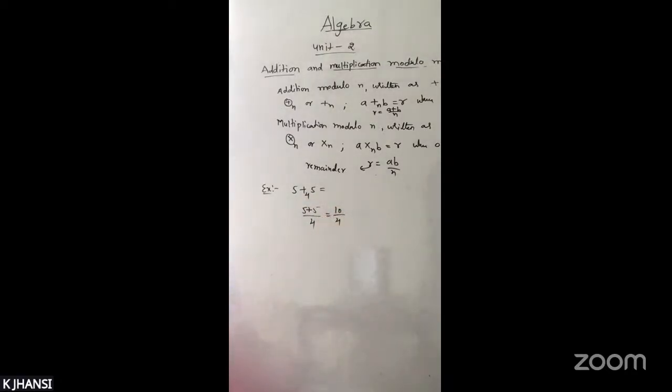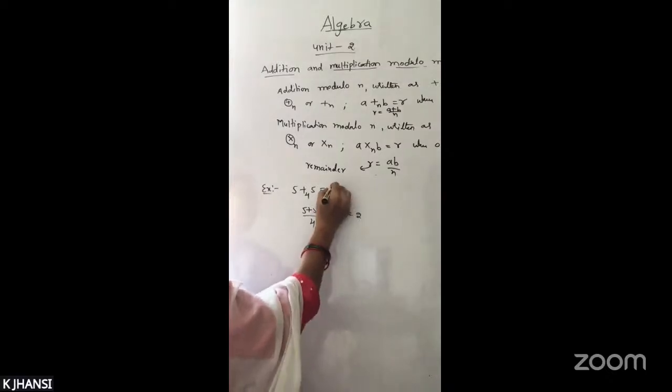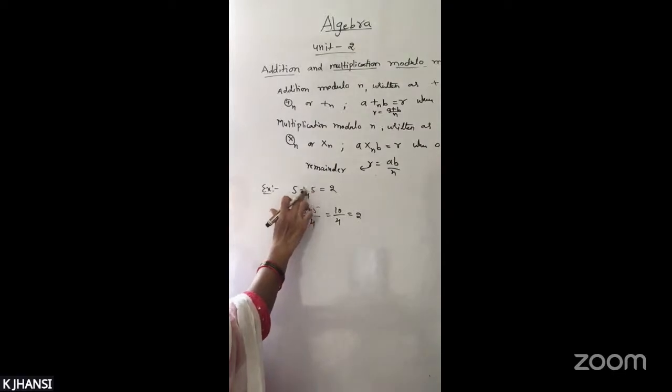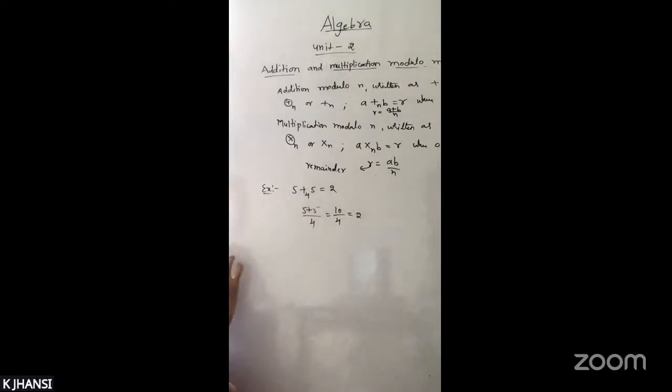What remainder will you get? 2 times 4 is 8, so the remainder is 2. So the resultant here is 2. This is r, this is a, this is plus n, this is b. So addition modulo 4, whatever resultant you are getting, that is the remainder. Similarly, you can do it for multiplication also.